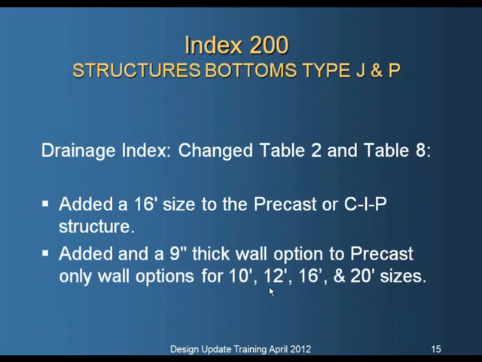The first one, this is really a drainage index 200, but we had a hand in the structural part of it, and Jennifer didn't talk about it before the break today, so we essentially added a structure size based on industry request, and we also added options for a thinner wall for the precast drainage structure bottoms for the larger boxes to reduce the weight of transportation from the precast plant to the field. So that was really for industry.